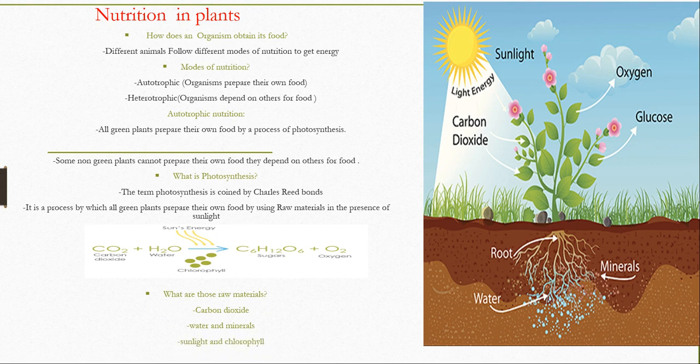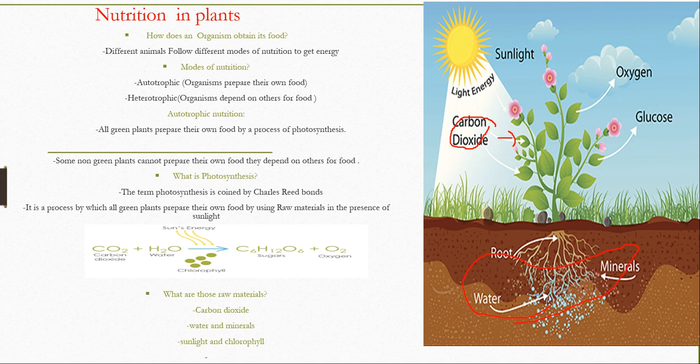During photosynthesis, the plant takes in water and minerals through the roots, as I am showing in the picture. Observe in the picture, children, it also takes in carbon dioxide through the stomata present in the leaves.